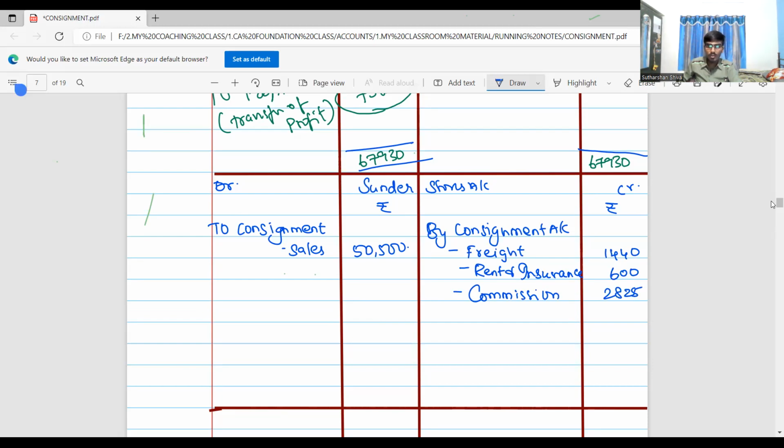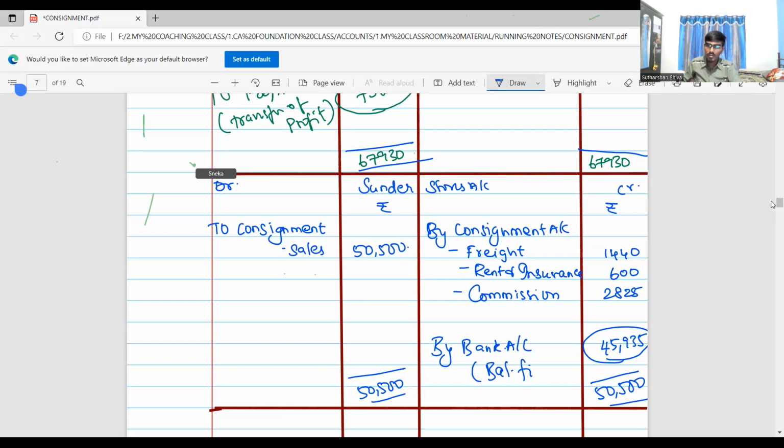So the question says the balance has been received from him, paid by the Sonpuri. So your final derived answer 45,935 is your answer. It should be shown as by bank. In bracket you can write balancing figure.